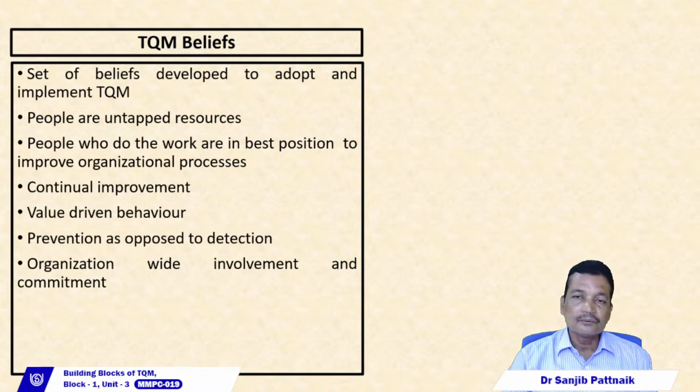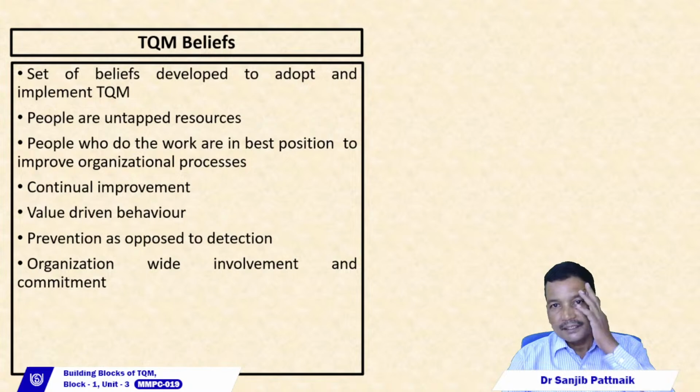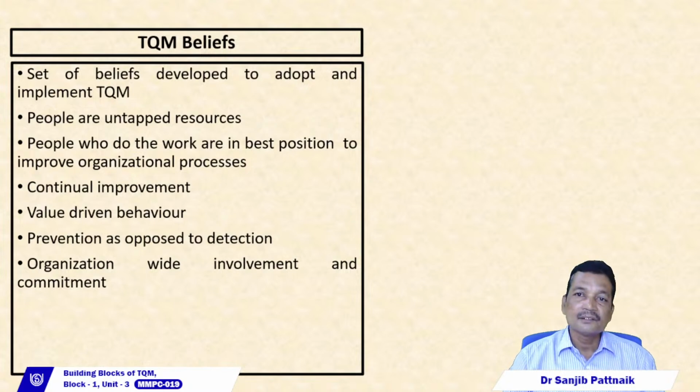Now, in many organizations it has been seen that the top management or the supervisors or the middle level managers focus on the employees doing what has been asked of them. Employees, whatever task is given to them, they will only do that thing. They will do nothing else.